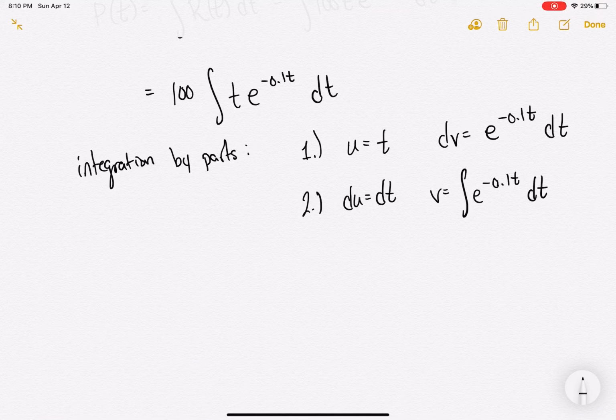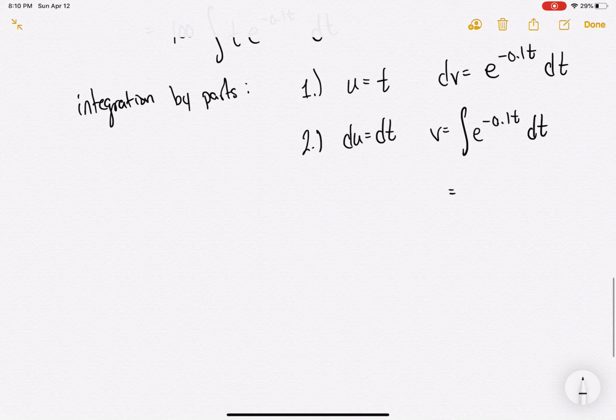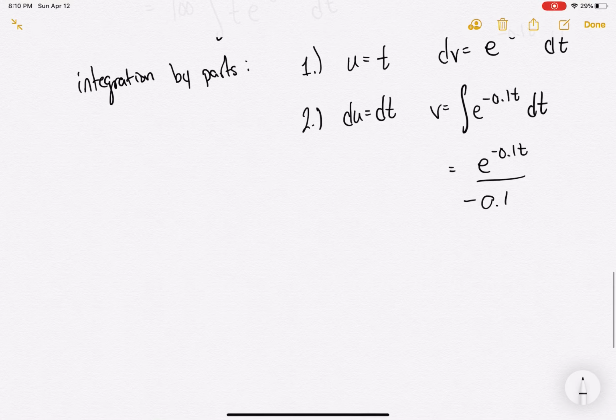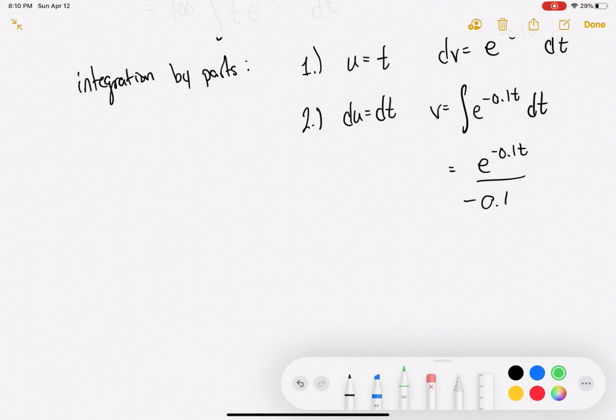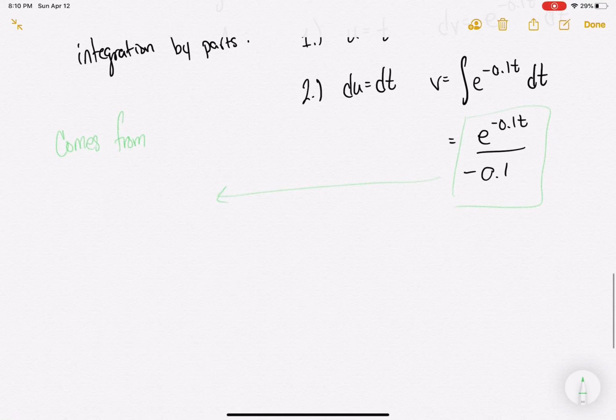And now we're going to use that expression that I had given you guys before. I'm going to write it down right here. It's e to the negative 0.1 t over negative 0.1. It comes from this identity, and I wrote it on your exam too, you guys noticed. The integral of e to the ax dx is 1 over a e to the ax.